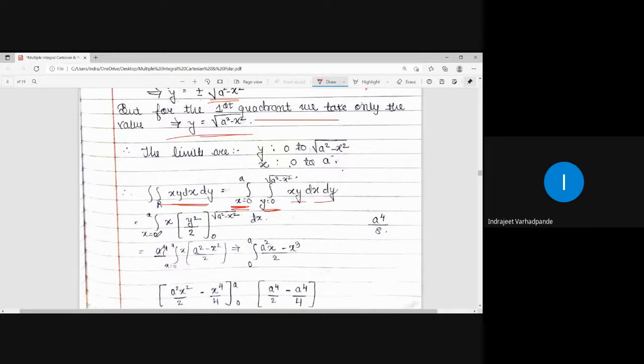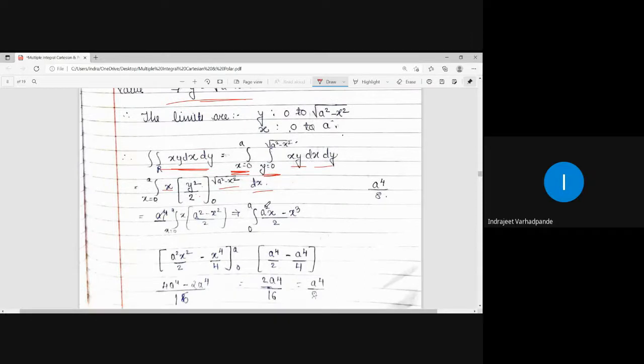So integral x equal to 0 to a, x and dx outside, integration of y is y square by 2, upper limit is under root of a square minus x square, that will be removed, so we get the term as a square x minus x cube upon 2.